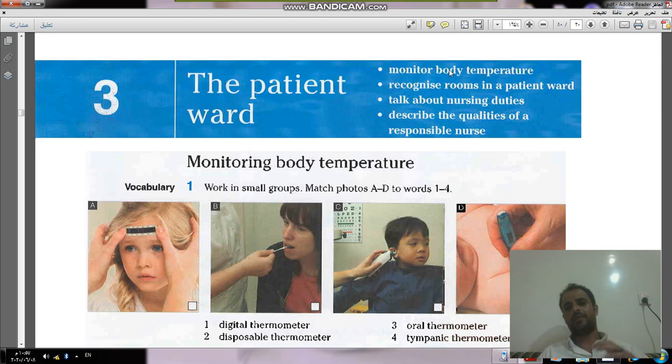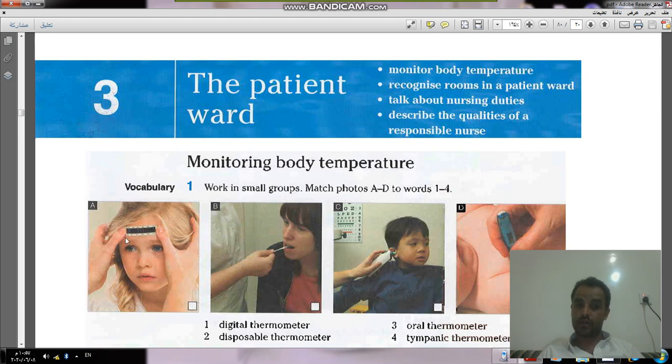Before we talk about the types of thermometers, let's go down and see here, monitoring body temperature. How? Okay, see the pictures and you will understand how do we usually monitor or watch the body temperature. Number 1, can you describe it?